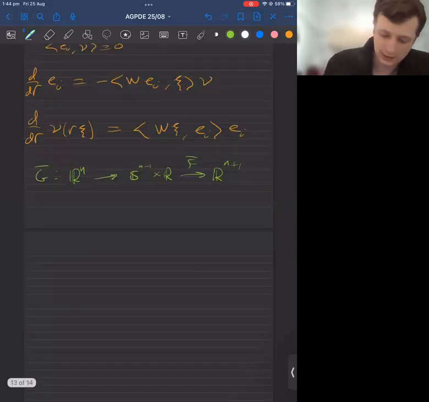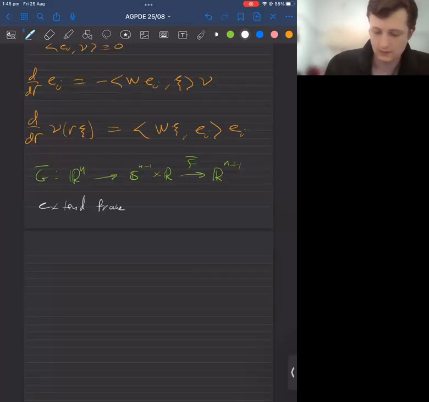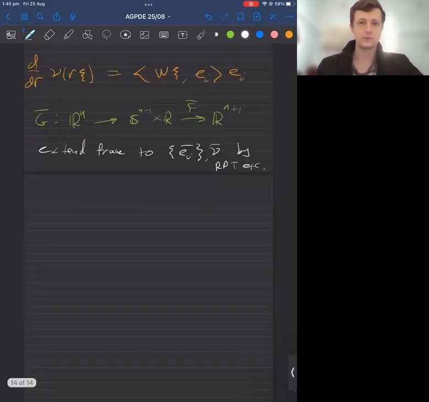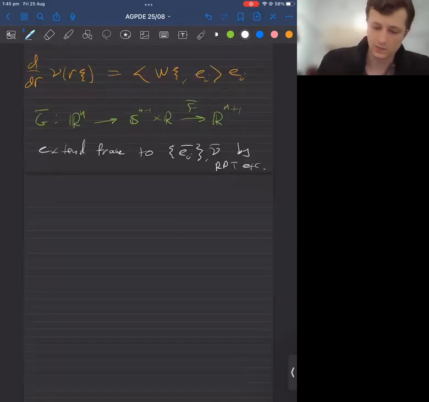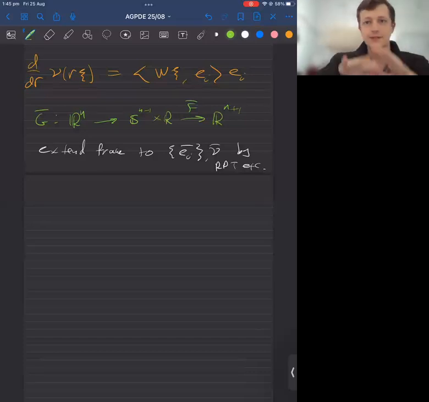And then again, you extend the frame to say E_i bar and ν bar by parallel transport, etc. And this gives you another system of equations for this other frame.